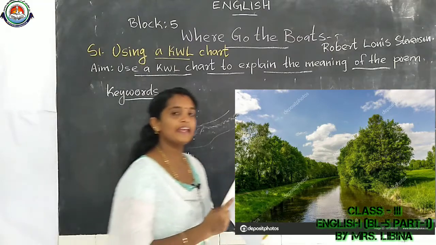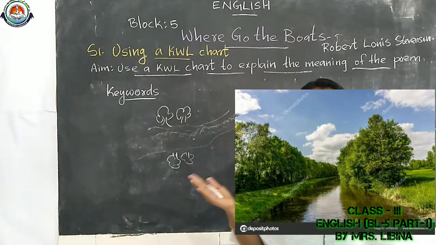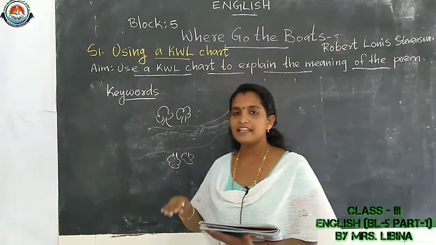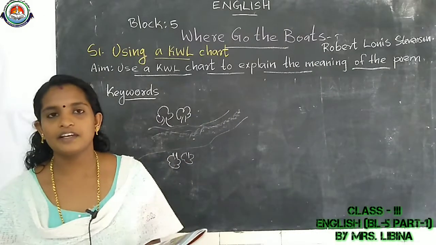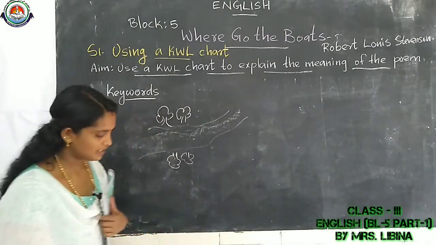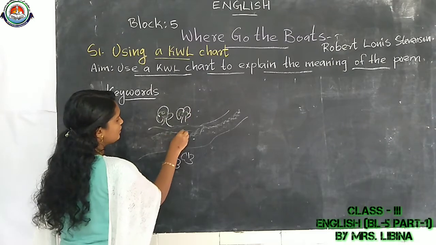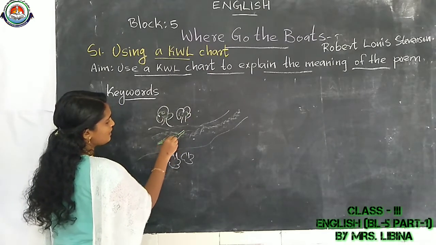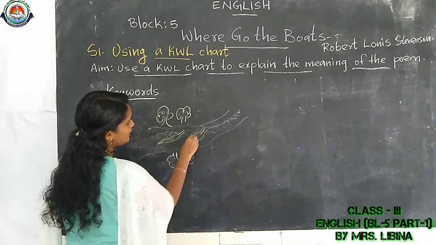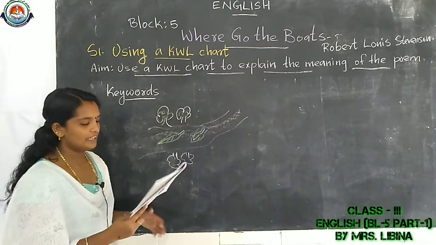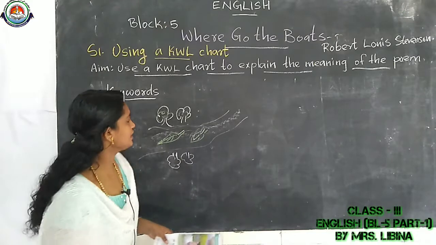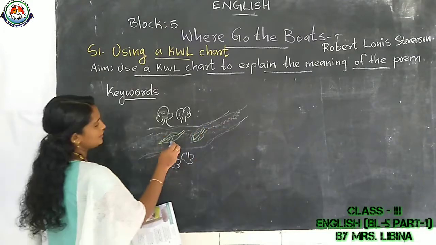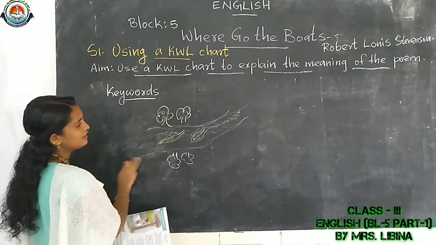With the trees on either hand means both sides. Green leaves are floating. Okay, sometimes you could see leaves may float here. Okay, more leaves may be here. Green leaves are floating.